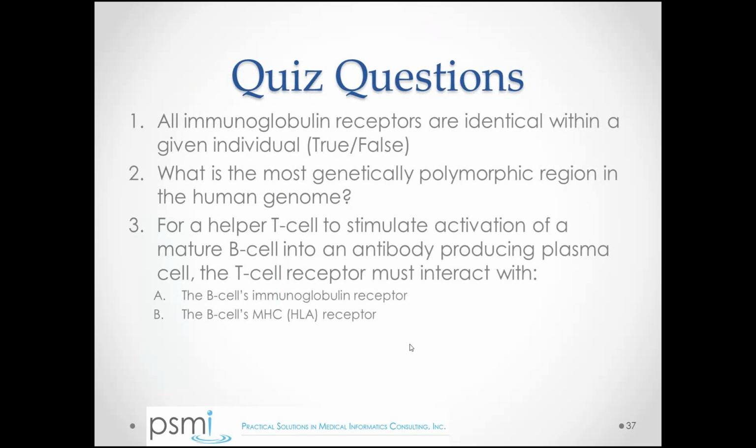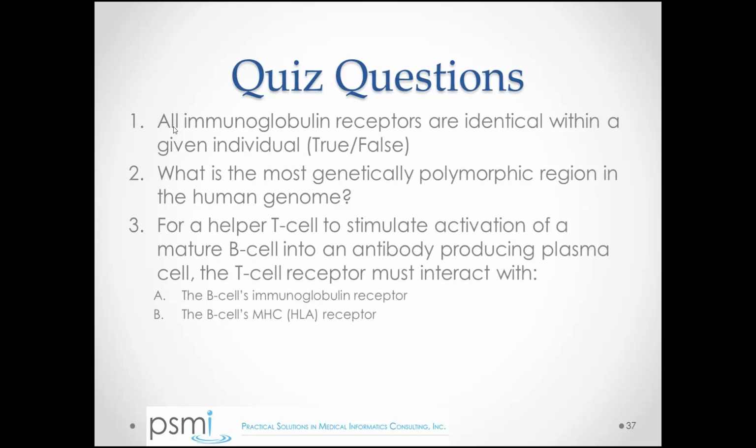So with that, let's go over a few questions, if your head isn't swimming too much, or if you're not marveling too much at what is really going on in the immune system, and this notion of somatic recombination leading to 100 billion possible antibody molecules that are highly specific.